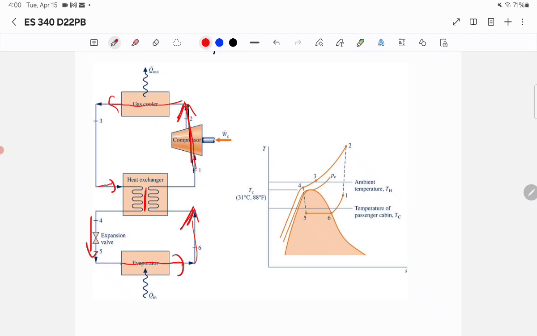So this actually has an additional component in it, which is different from the vapor compression systems that we've been dealing with, in that we have a heat exchanger in between. It's not exactly the same as the cascade, right? Because the cascade was two vapor compression refrigeration cycles connected together.